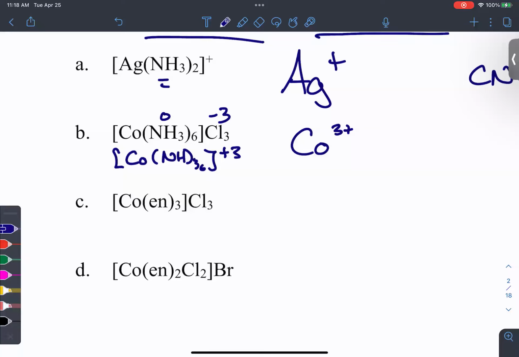All right, so what is the coordination number here? 6? Well, why isn't it 9? There's 3 chlorides there too. They don't count. Why don't they count? They're not actually bonded to the complex. Those chlorides are there to stabilize it, to make it charge neutral.